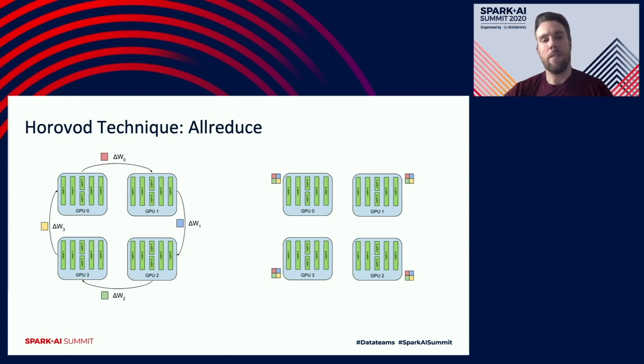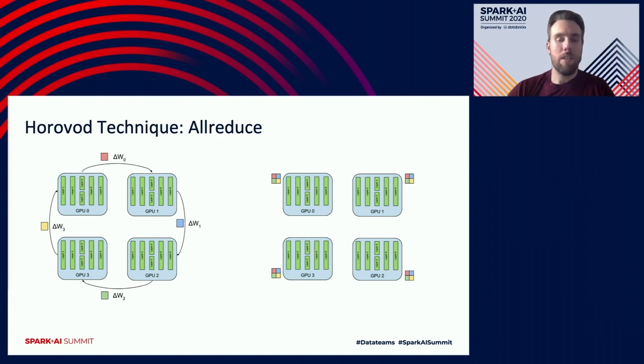Now, what makes Horovod different from the parameter server approach at the most high level is the technique that we use to aggregate the updates. Instead of using a parameter server, we use a decentralized technique called Allreduce, where at each step, at each batch, each of the replicas is going to process their own batch of data and then send the updates around the network to different workers in what's typically a ring formation, but depending on how NCCL wants to optimize it, could also be a tree formation, et cetera, whatever ends up giving you the best performance.